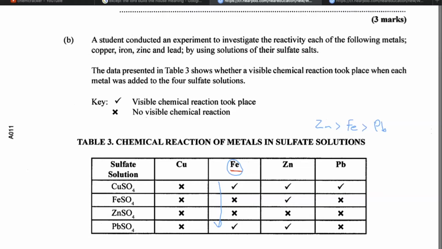So it would stand at the bottom of the table. All right, no wins. So 3 wins for zinc, 2 wins for iron, 1 win for lead, and no wins for copper. Let us bear that in mind and see what we're being asked a little further down.